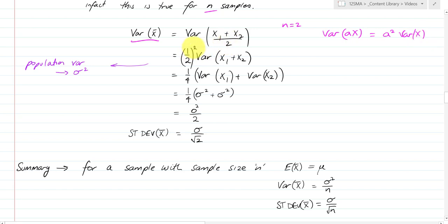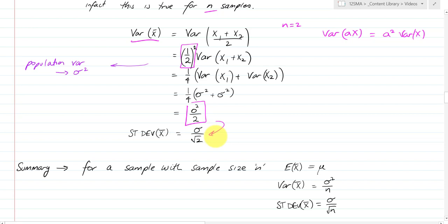I'm taking the half at the front, but I'm squaring it. And I get the variance of x1 plus x2, which I can split up to be the variance of x1 plus the variance of x2. Now x1 and x2 are from the same population, so they have the same variance, sigma squared plus sigma squared, with a quarter at the front, which gives me 2 sigma squared over 4, which gives me sigma squared over 2. That gives me a standard deviation of sigma over the square root of 2.